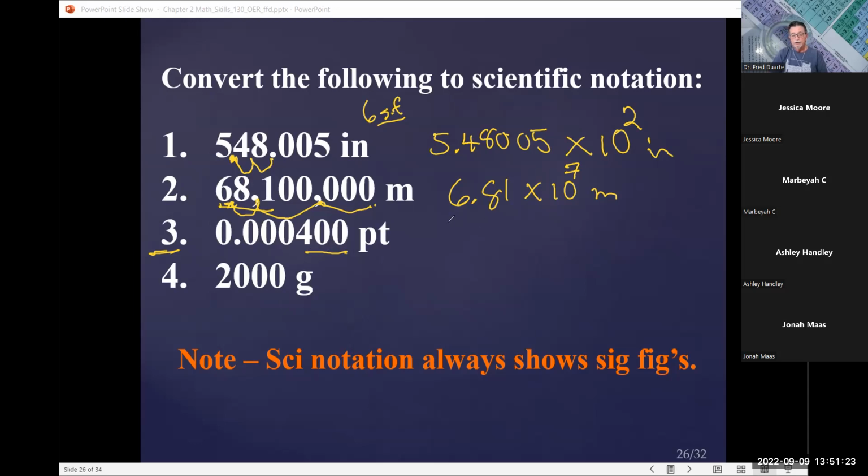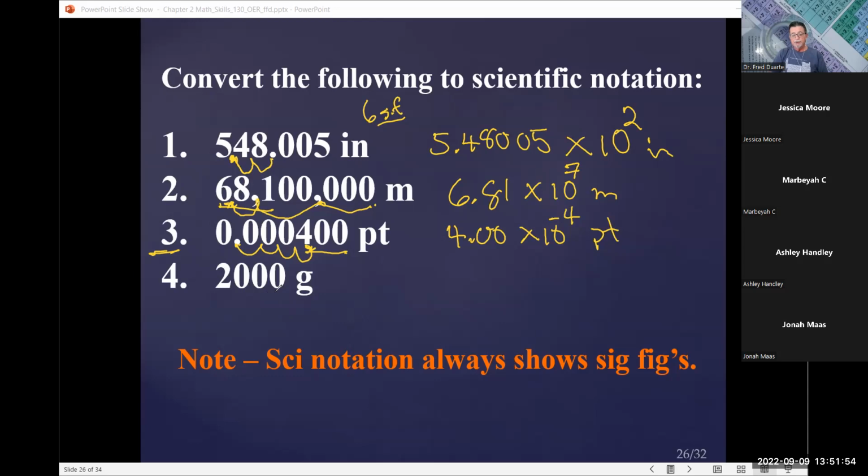So we can write that right away as 4.00, because I know that as I move that decimal point over, I'm going to stop at the first integer and stop right behind it. So starting from where the decimal point is, I go 1, 2, 3, and 4. 4 decimal places. That becomes 4.00 times 10 to the negative 4. Okay, to the negative 4.